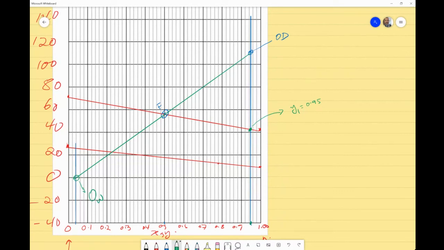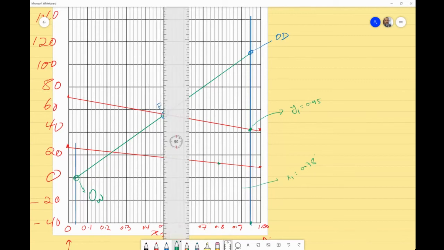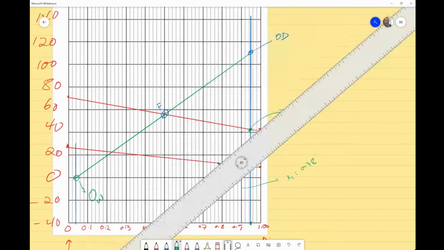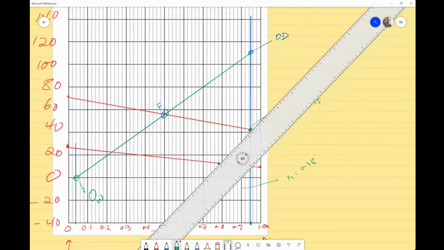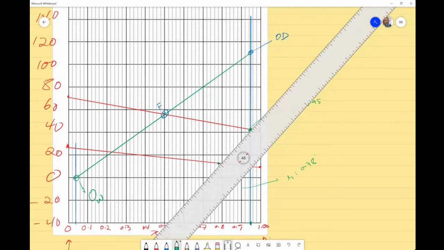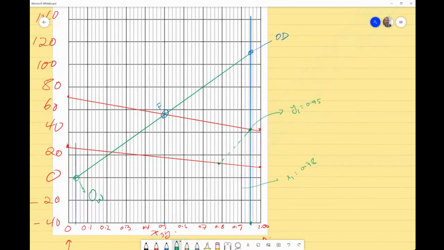So this is my what? This is going to represent x1, which is 0.78, and I just connect them by this line. Okay, and that will represent the first stage here. This is the tie line. It will represent the first stage.